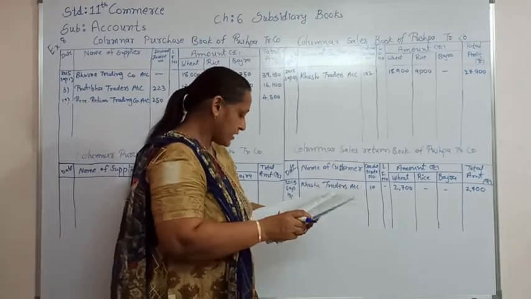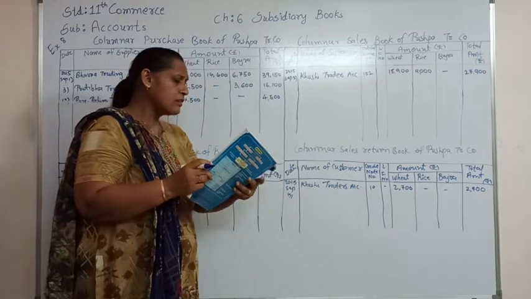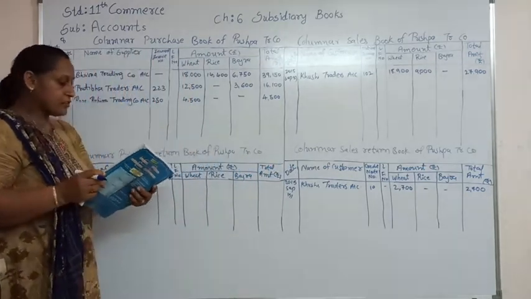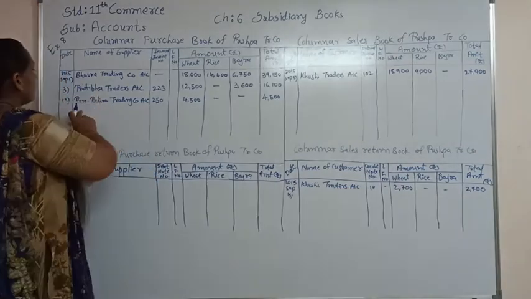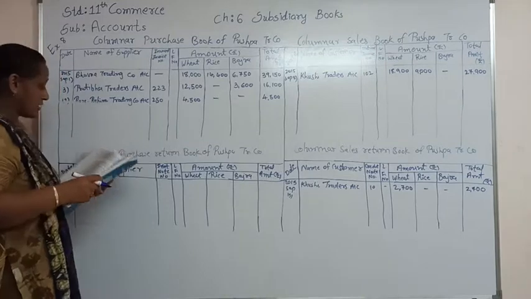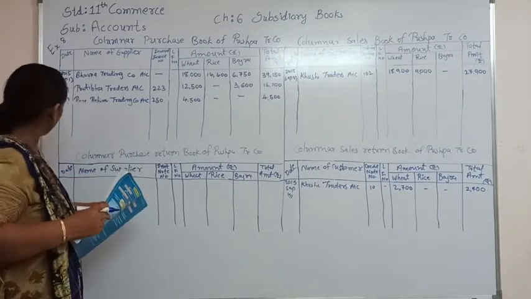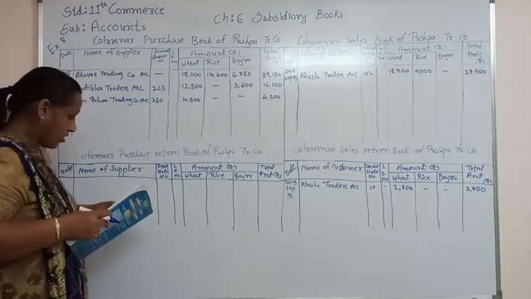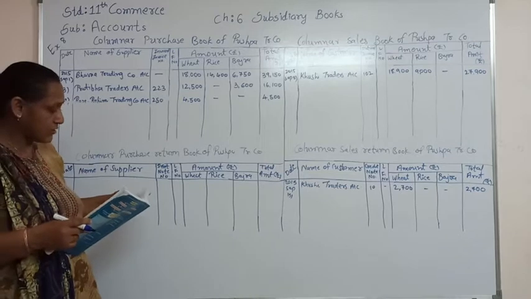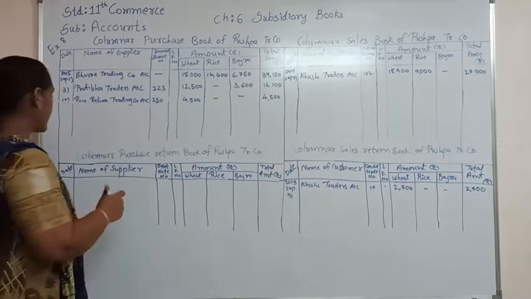So here, the same wheat we have purchased from Pratibha Traders. So we are going to return that to Pratibha, and from Pratibha we have purchased the wheat at rupees 25 per kg. So we are going to return it at 25 rupees per kg.